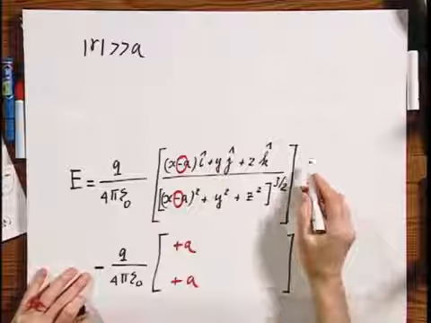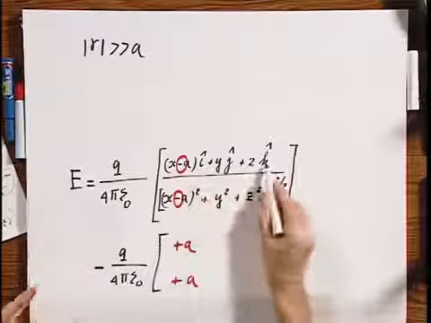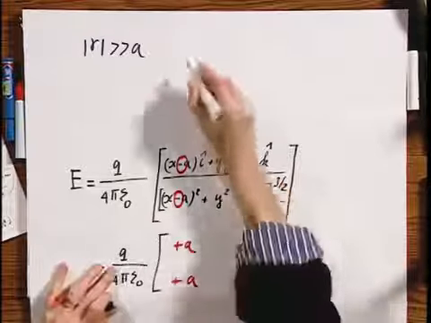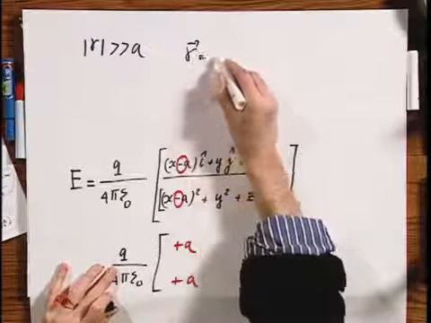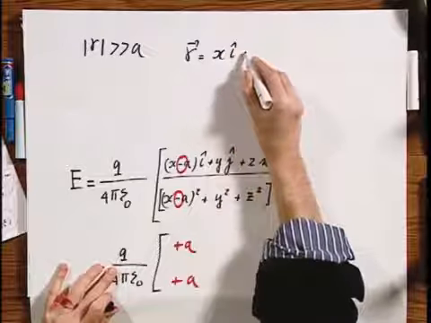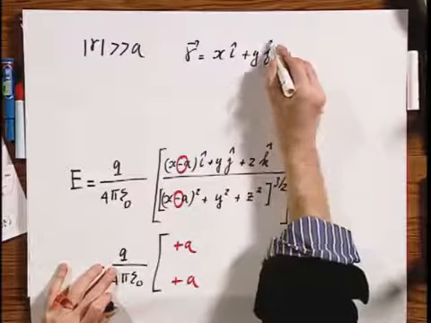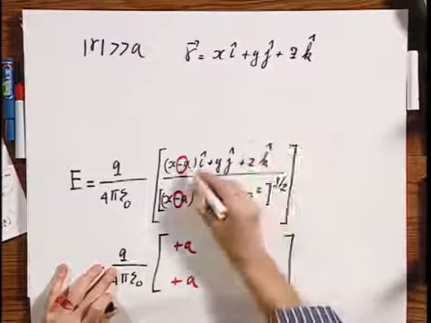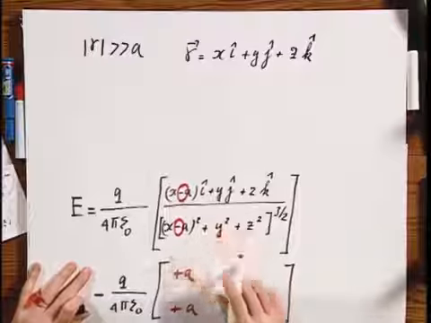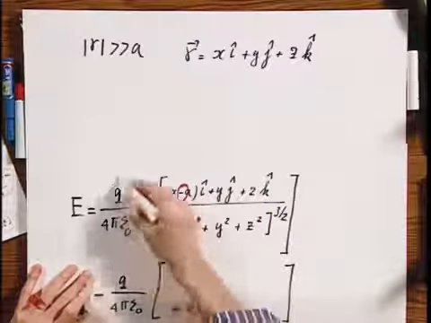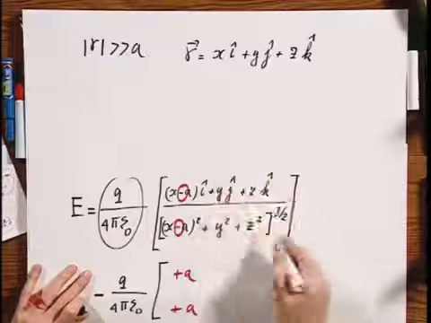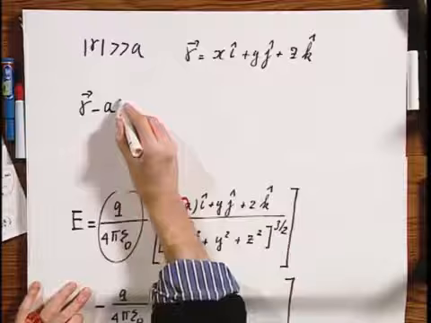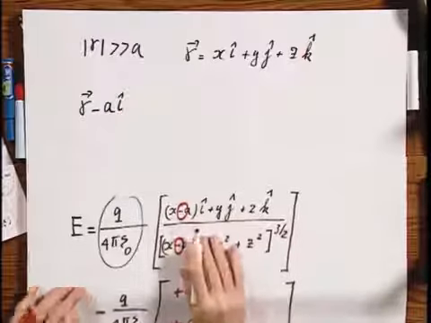Keep in mind that this vector is almost R. It's almost the vector R, because the vector R equals x times this, plus y times this, plus z times the unit vector in the z direction, except for this one here. So I'm going to rewrite this, and I forget now this term. Just forget that. I'm only interested in the geometry. So I get R minus a I to account for this.